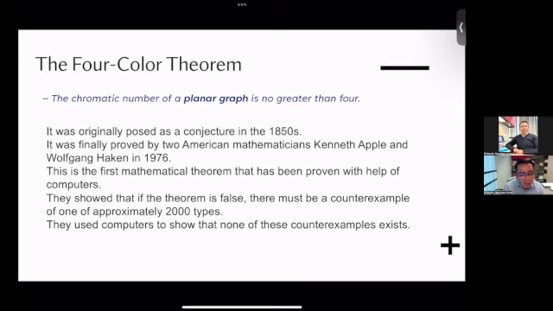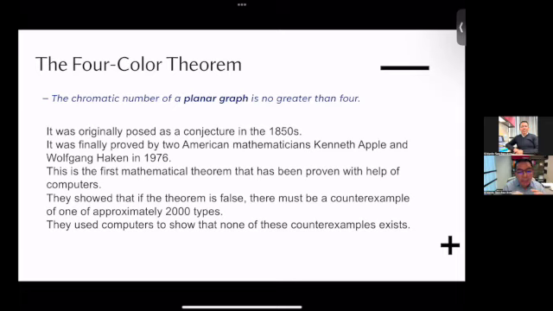Particularly in this case, what they determined is that if the theorem was false, then there should be, of course, a counterexample, some planar graph that has a chromatic number bigger than 4.